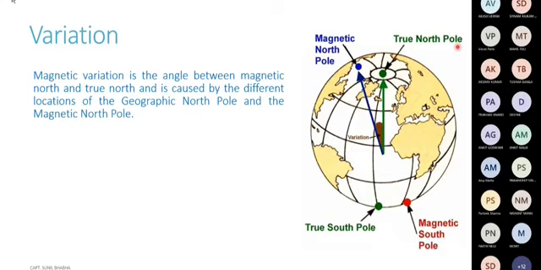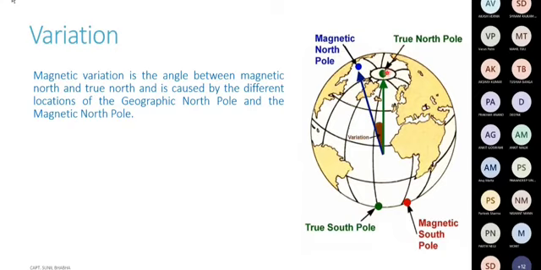We know the Earth is rotating on its axis from west to east. Now this axis passes through the surface of Earth at 2 points. These 2 points are known as the geographic poles or the true poles. So the true North Pole is marked in green color here.